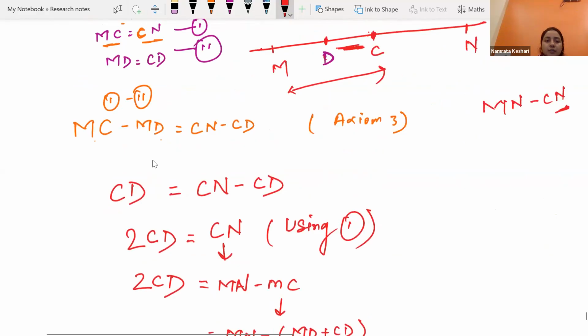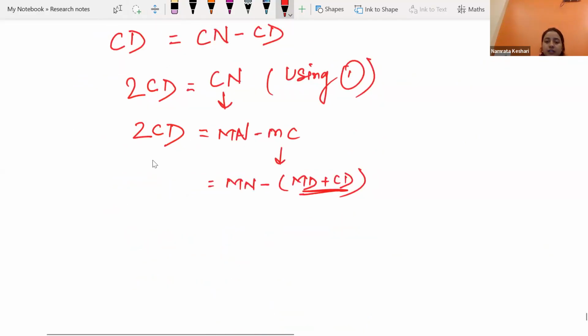And we know that MD and CD both are equal, so we can write it as 2CD. And then we were getting the proof.